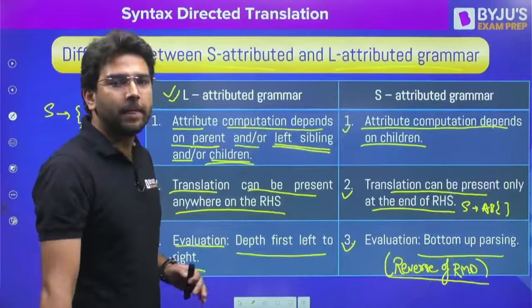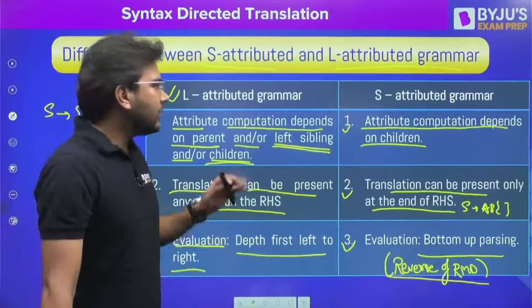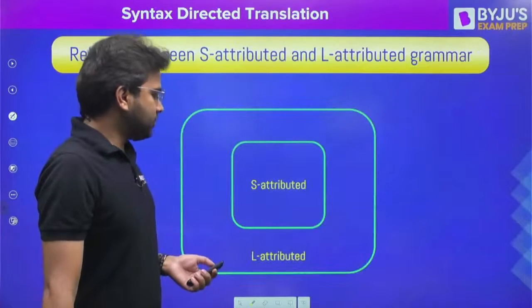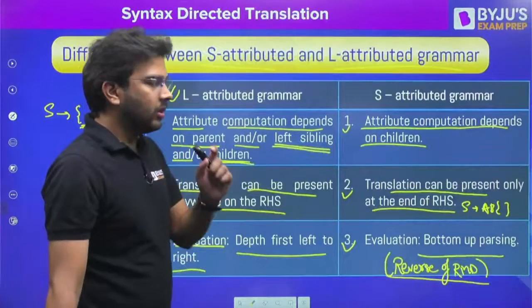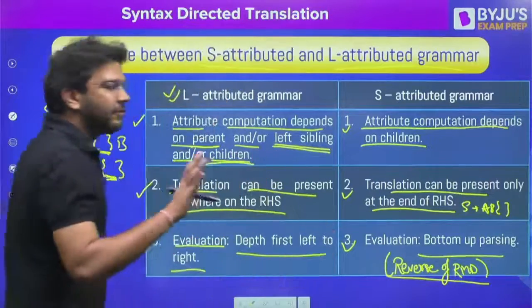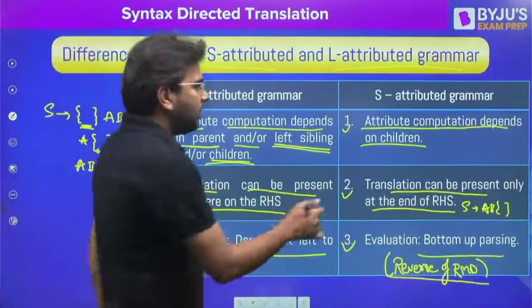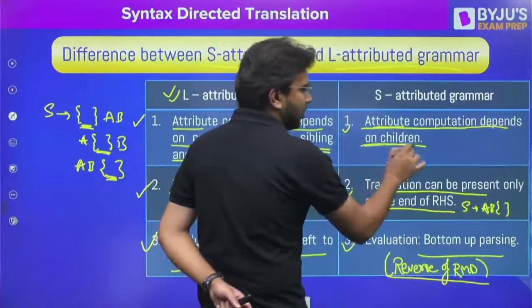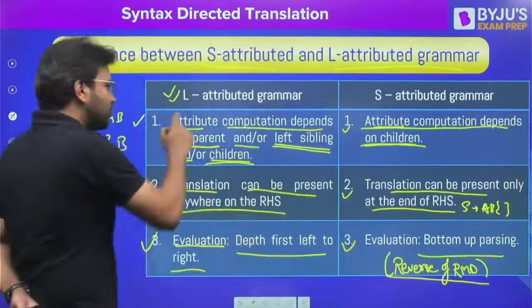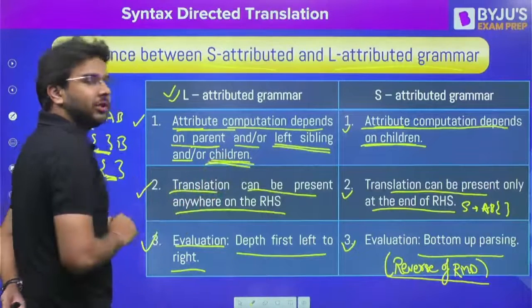All clear, everyone? Now carefully understand this point. We have something common between L attributed and S attributed. What is common? Here attribute computation depends on children, and here also attribute computation depends on children.